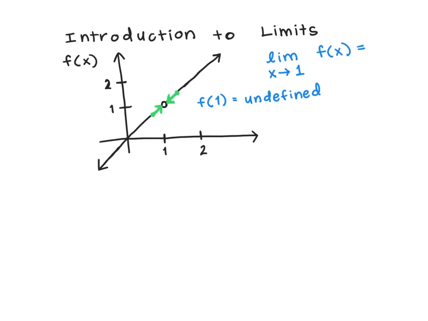And that is my limit. We see that the limit as x approaches 1 of my function f of x is equal to 1. That just means that if I pick x values really, really close to 1, the value of my function is getting really close to 1.